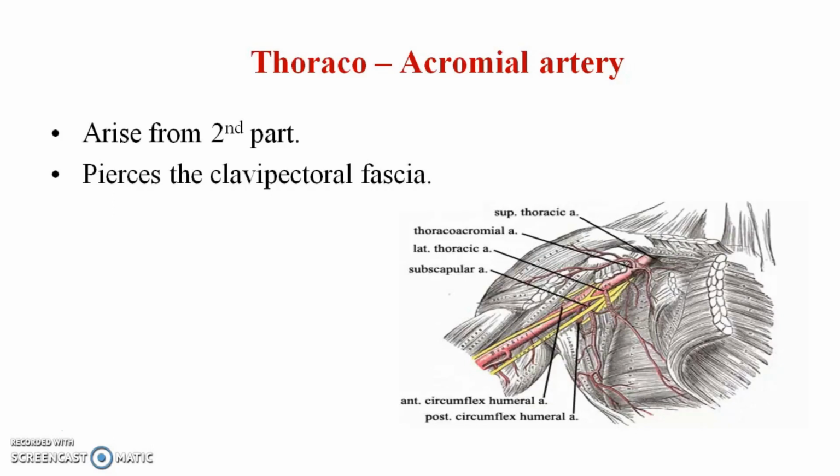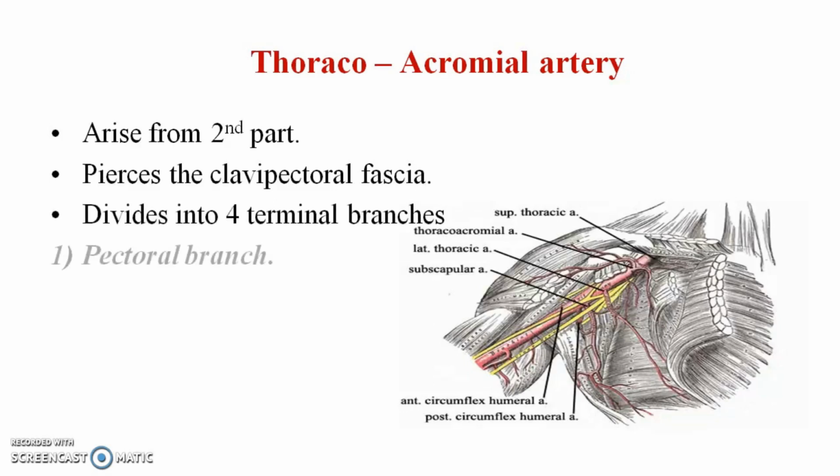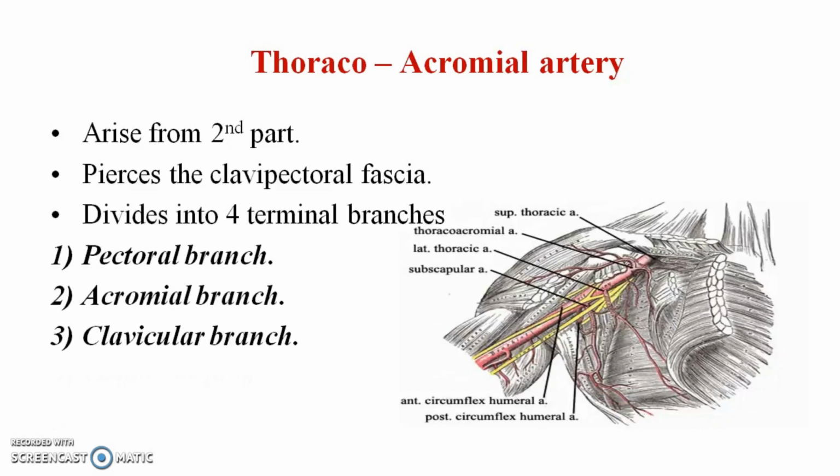So among that, one structure is thoracoacromial artery, and this is going to pierce the fascia, and after piercing the fascia, it is going to divide into four terminal branches, that are pectoral branch, acromial branch, clavicular branch, and deltoid branch. So it is passing medially, anteriorly, laterally, and also above.